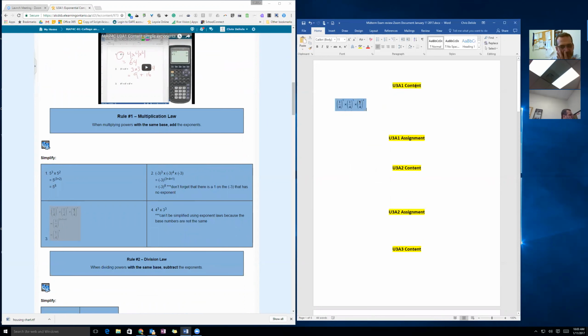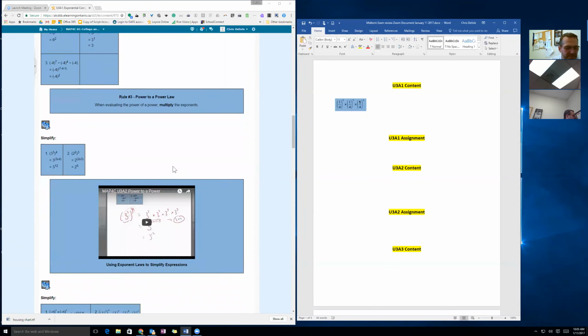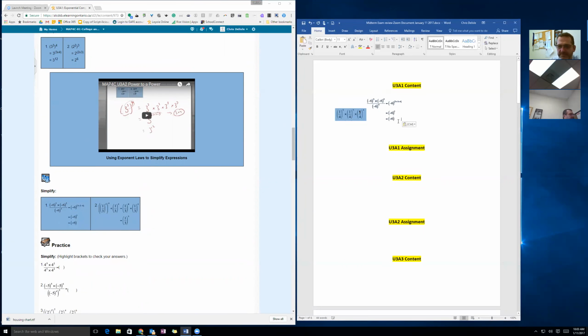But I know it comes from Unit 3 Activity 1 content, so I can go find the solutions later on if I want to. I'm going to keep looking through the content and see what else looks good. Those ones look kind of easy. This one looks kind of hard or interesting, or this one, either one. So I think I'll take this one here. Paste it. Again, I think what I'll do is I'll crop it so I can only see the question there.